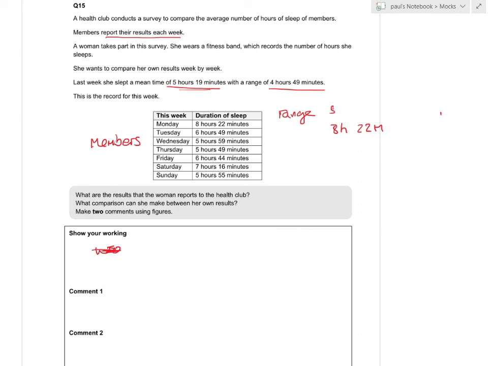So the range is now between 5:49 and 8:22. Right, so we need 11 minutes to take us up to 6, and then 2 hours to take us up to 8 and 22. So it's 2 hours and 33 minutes.